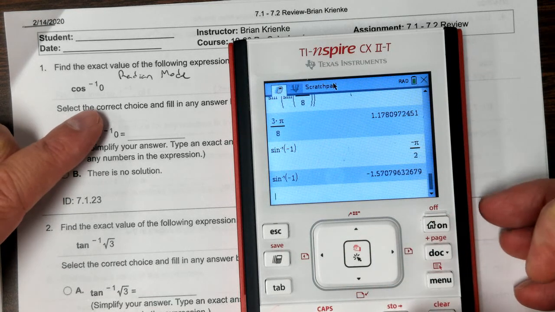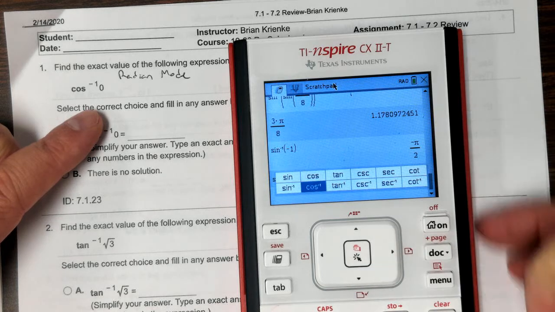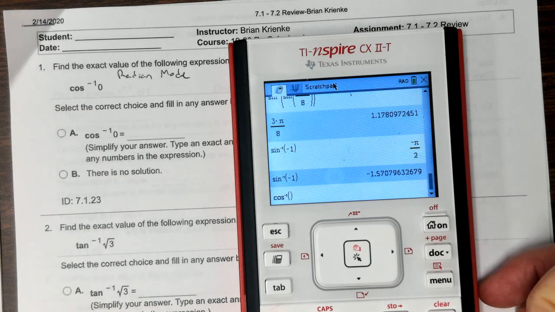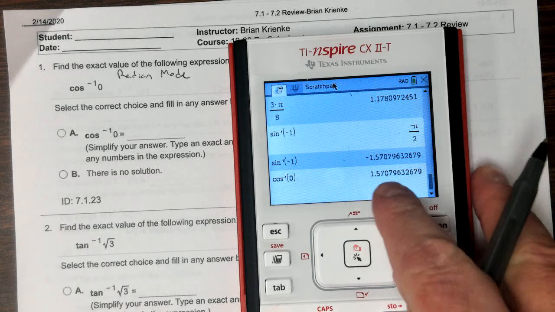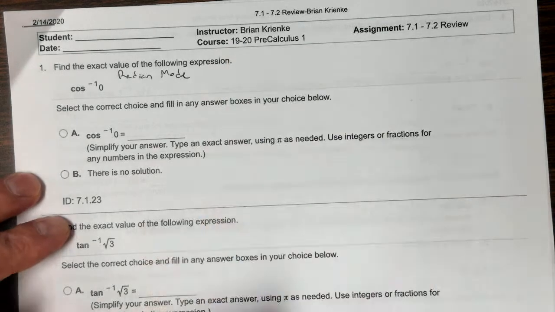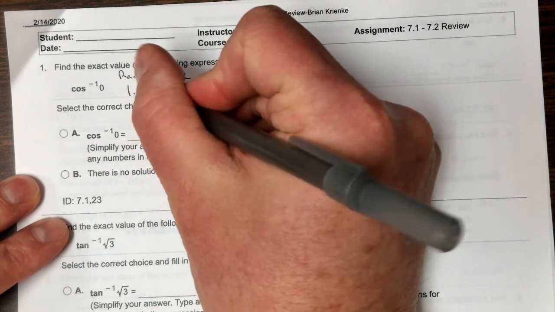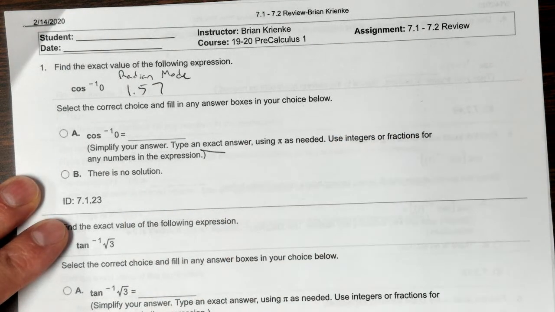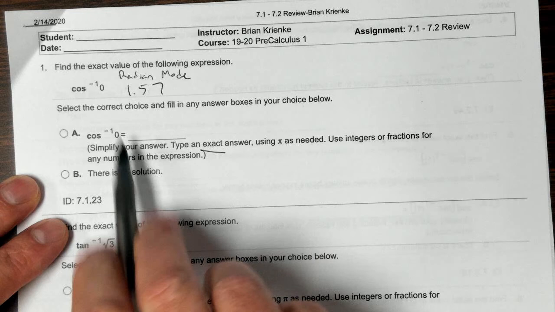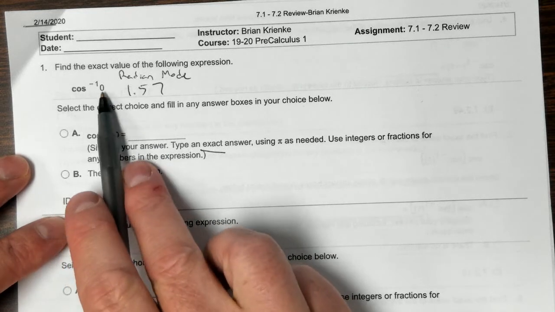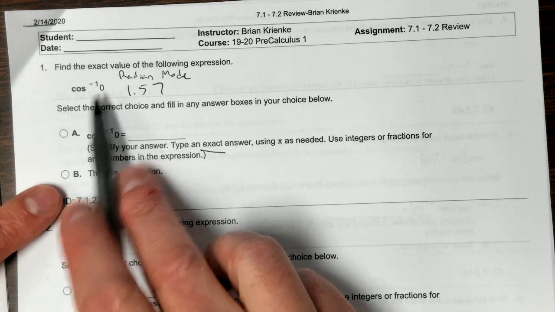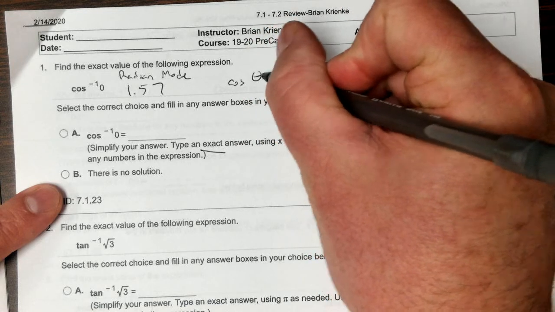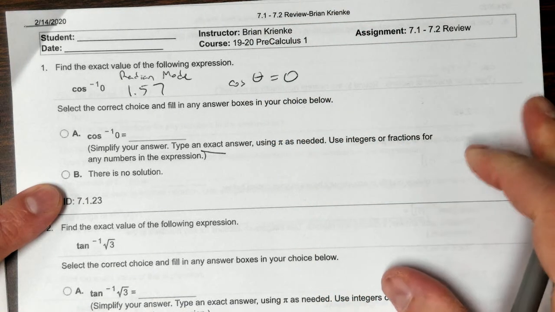So if you do cosine inverse of 0, that gives you 1.57. So that's what we're going to be working towards. We do need an exact answer, so let's think through this. If it's cosine inverse of 0, that means cosine of theta is equal to 0.